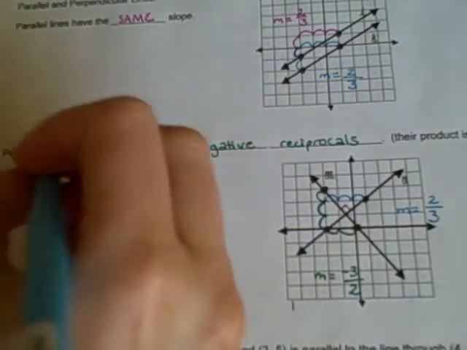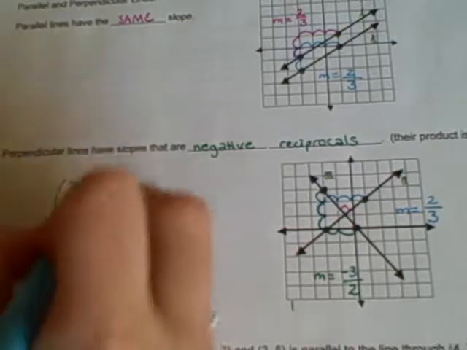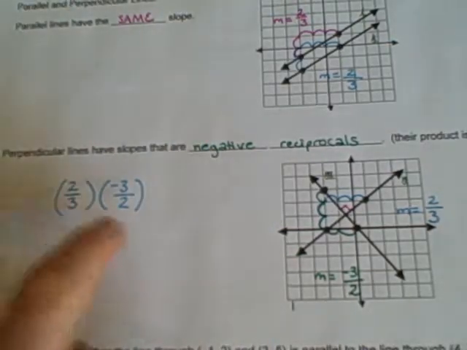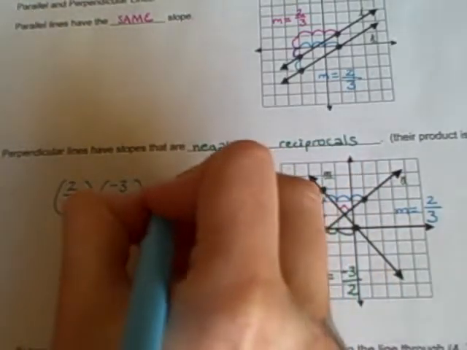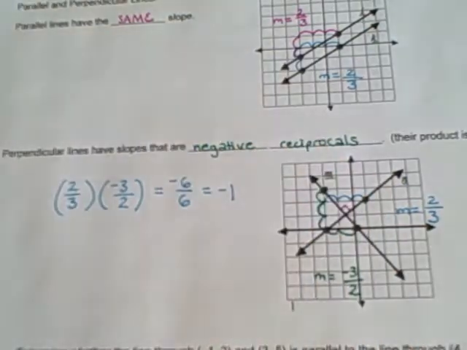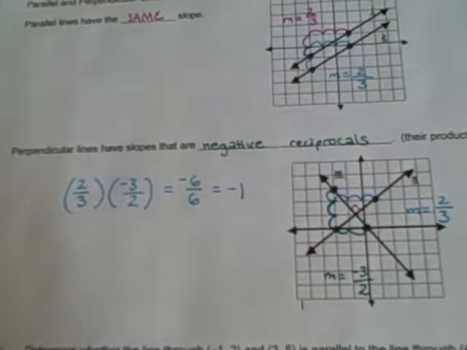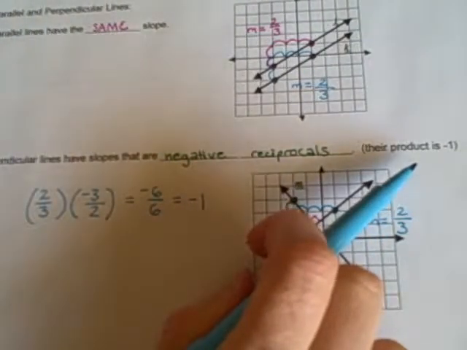So the relationship here, 2/3 and -3/2, if I multiply those two slopes together, I'll end up with -6/6, which is -1. So negative reciprocals, when you multiply them, their product is going to be -1.